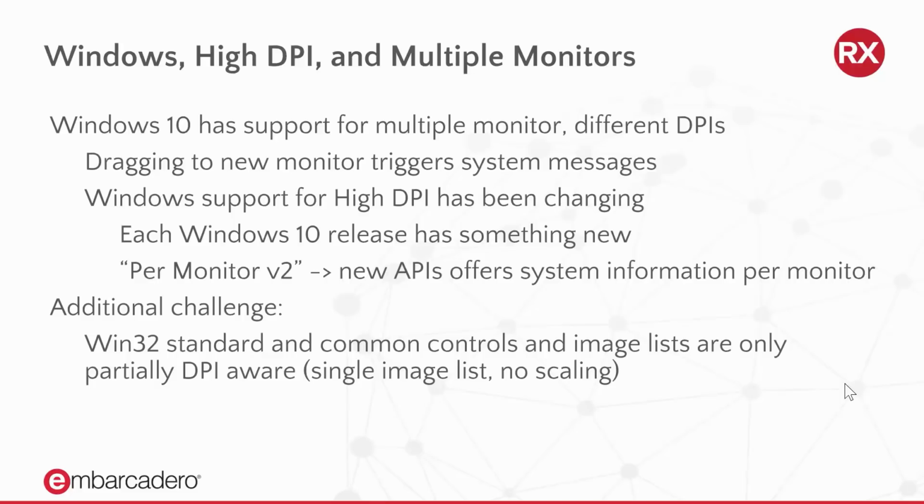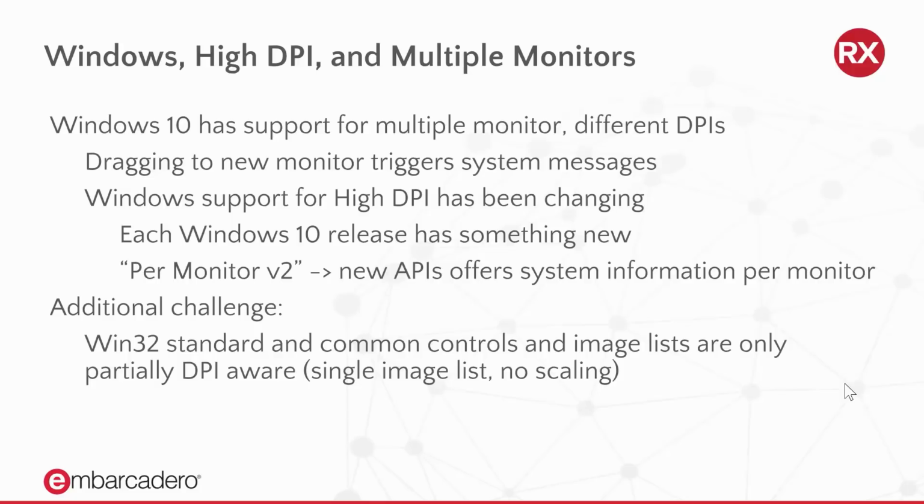The original version of Windows 10 was more strict in requiring you to update all of your code. Then later, Windows 10 introduced more backwards compatibility with the ability to just try to display older applications with some scaling. They introduced per monitor support, but that was not working terribly well. And then more recently, they've introduced per monitor version 2.